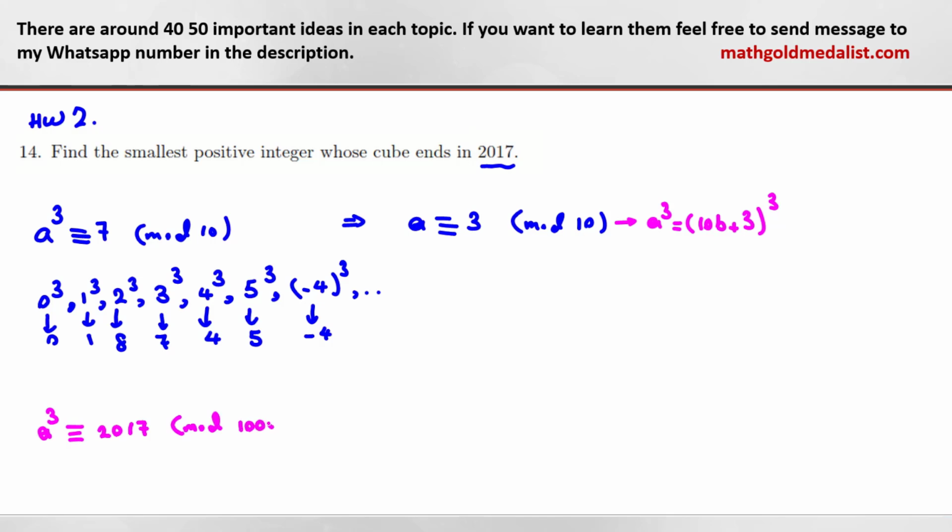Mod 625 and mod 16. Exactly. So A cubed mod 16 should be what? Mod 625 should be what? For mod 16 it is 1 mod 16. Okay, because you say 141, 232, 97. Yes, 196.